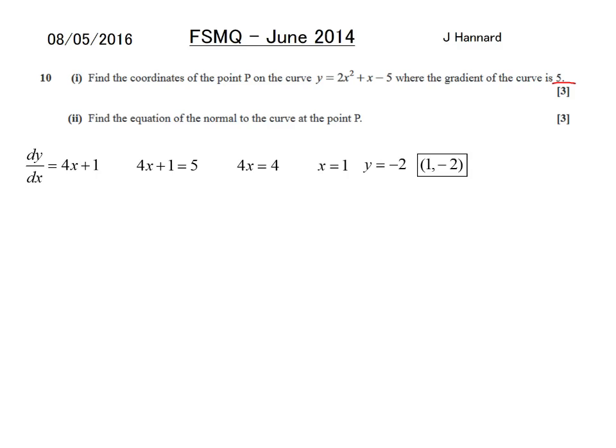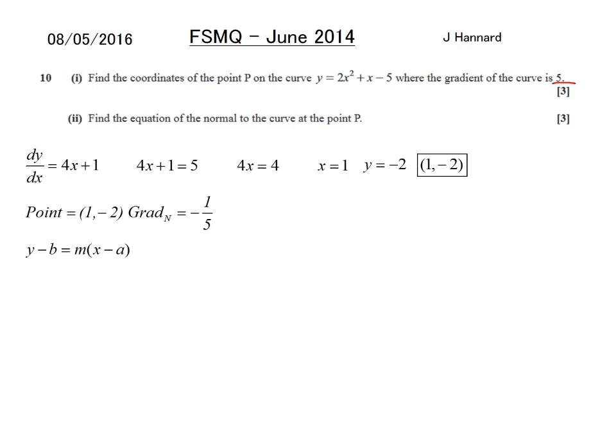Part 2 then, find the equation of the normal to the curve at the point P. And I think that may be a smoke alarm, but we'll continue anyway. Find the equation of the normal to the curve at the point P. Well, we know the gradient of the tangent is 5. Therefore, the gradient of the normal must be negative a fifth at the point (1, -2).